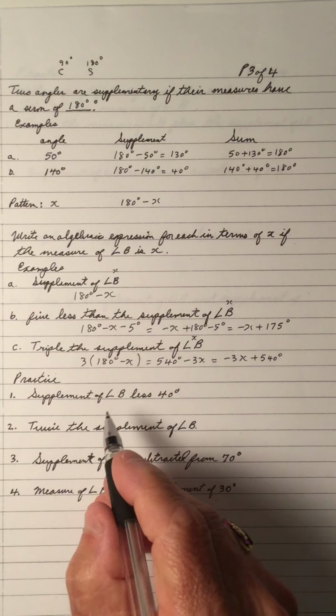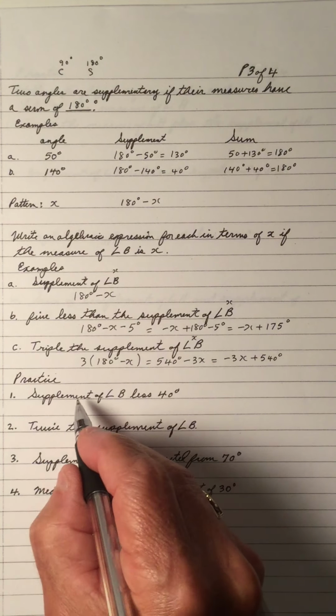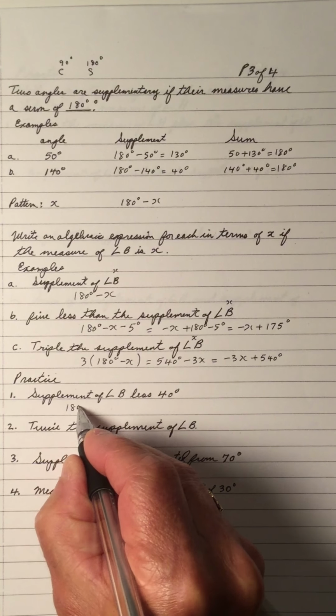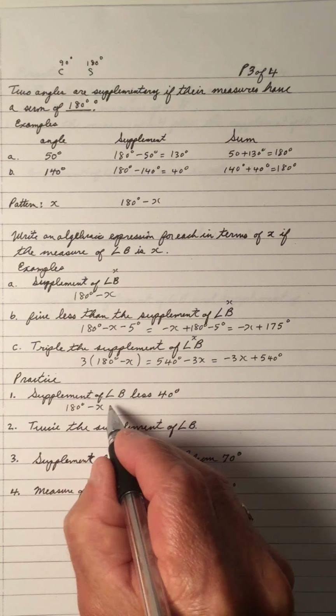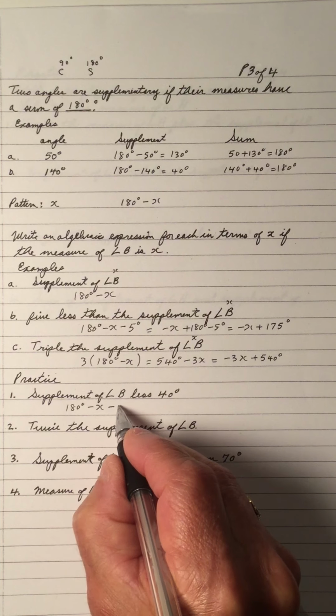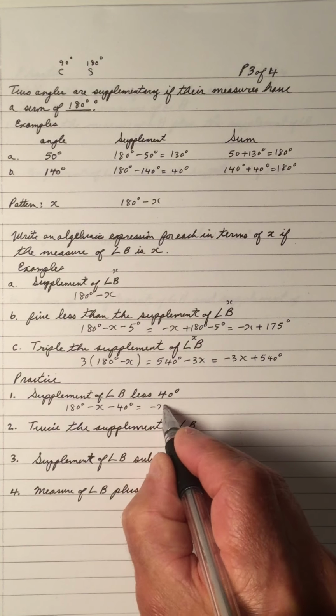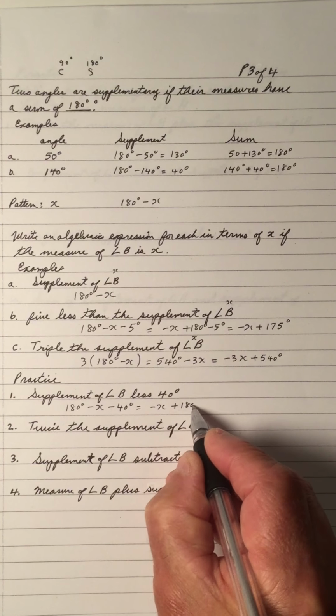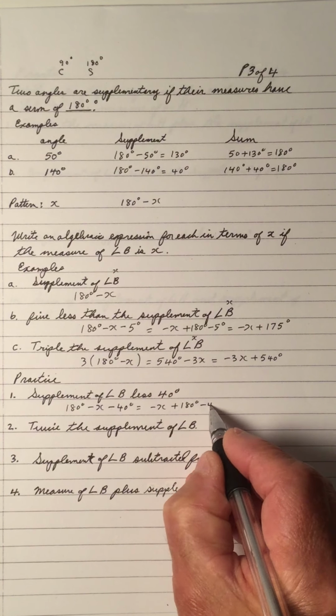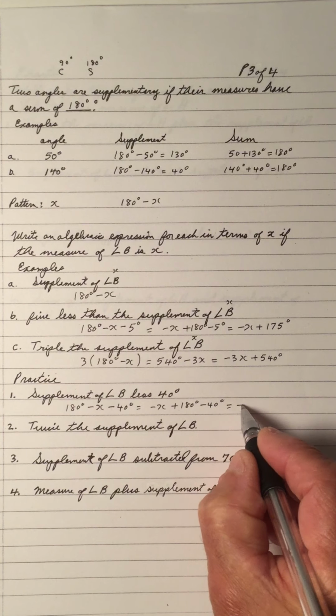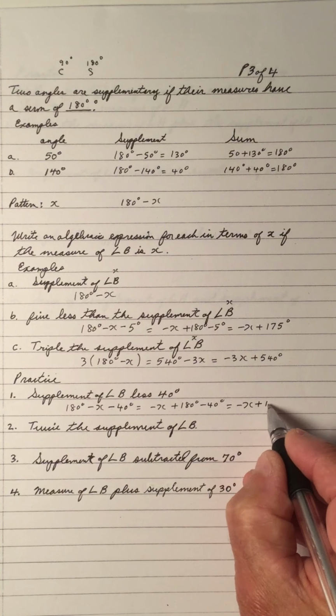Here we go. The supplement of B less 40. The supplement of B is 180 minus x. Subtract 40 degrees. Now we put the x first, so negative x plus 180 minus 40, and that works out to be negative x plus 140.